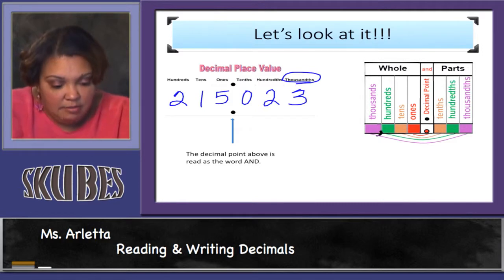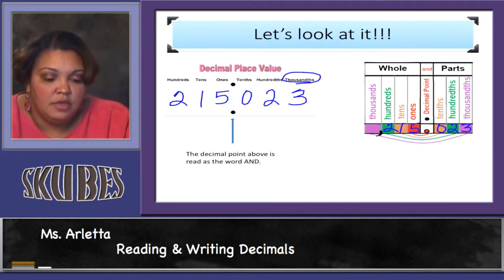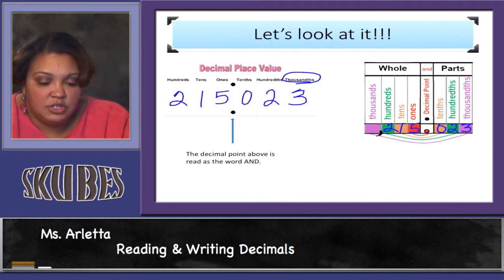I'm going to take the same number and write it over here. 215.023. Once again, the last digit, if you notice, you'll see the 3, but right above it, you'll see the thousandths.